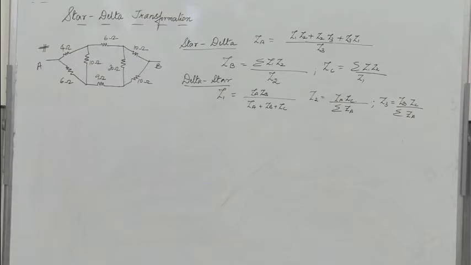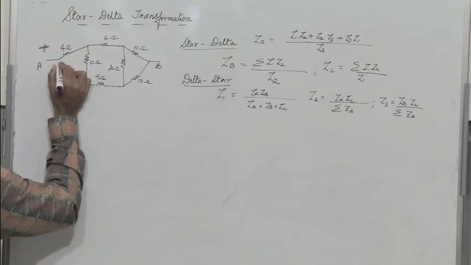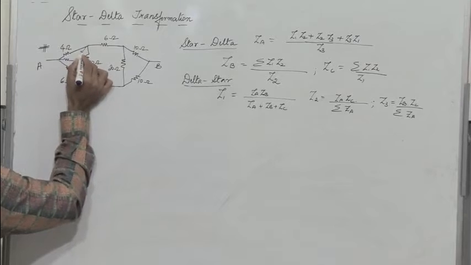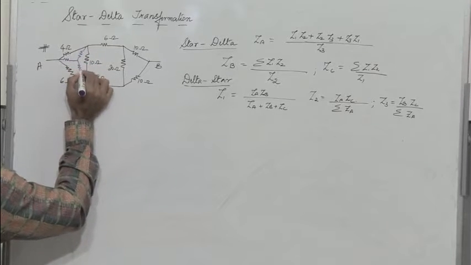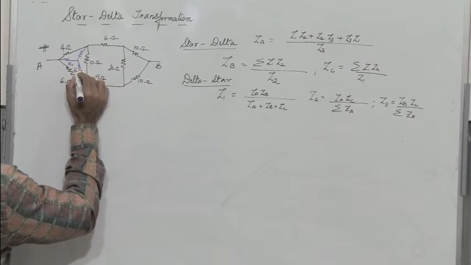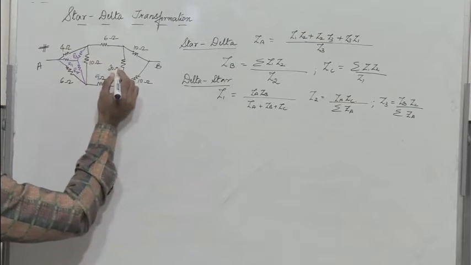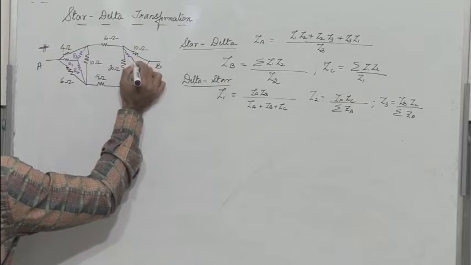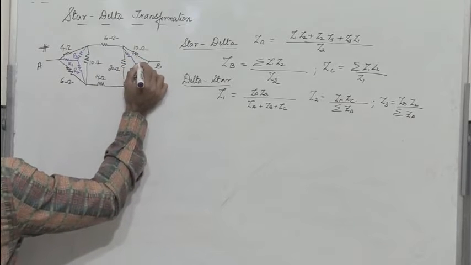To simplify this, it is better that we convert these two delta networks to star networks. So let me write the equivalent resistances. So let the resistors be R1, R2 and R3, and here R4, R5 and R6.